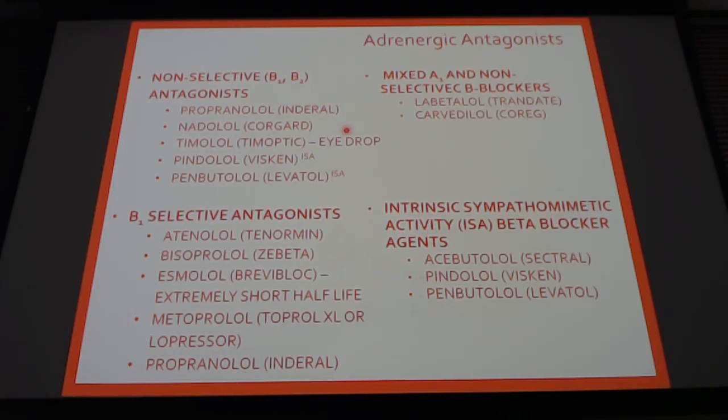So a way that I try to remember this is that when you are looking at your beta 1 selective, I try to think of this as A through N or A through M. And then my non-selective is N through Z. I'm not gonna make up drugs for you.